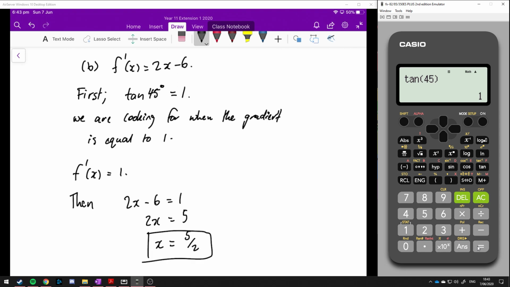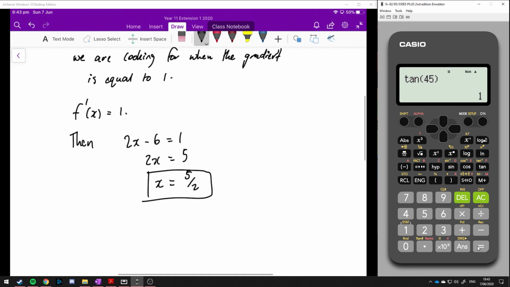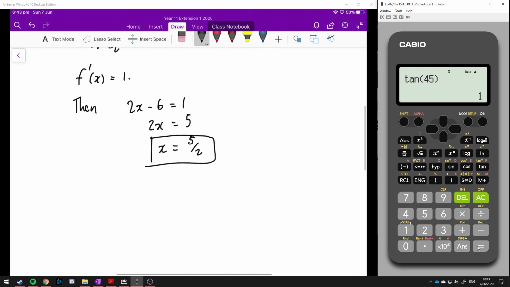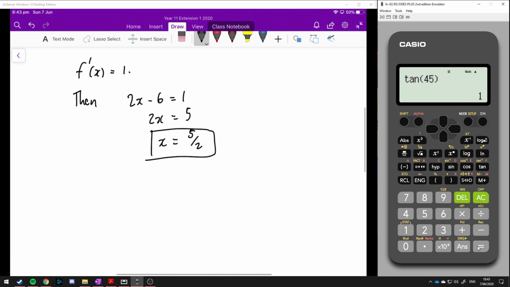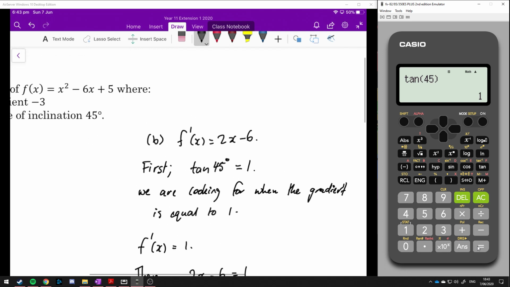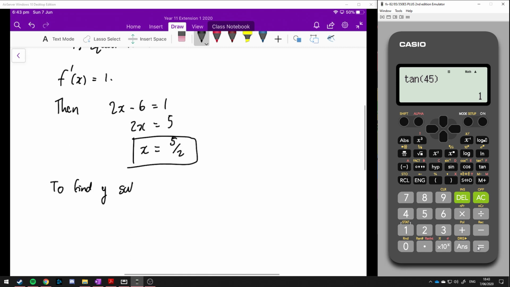So 5 on 2 is the x value. Now we need to find the y value because we're finding the point on the graph where the tangent has inclination 45 degrees, which is, again, a gradient of 1. So to find y, we're going to substitute our x value into our original function.